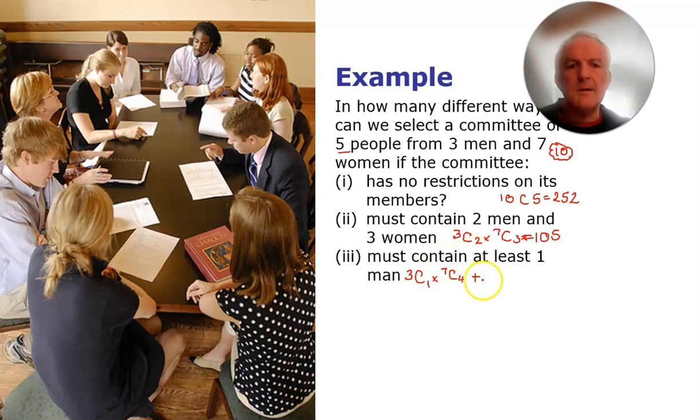Or, so I put a plus, now I'm going to have 2 men. That means I've got to choose 3 women. Or I could have 3 men, but that means I can only now choose 2 women. And you can just break it down in those kinds of ways. So 3C1 times 7C4, I get 105 again.